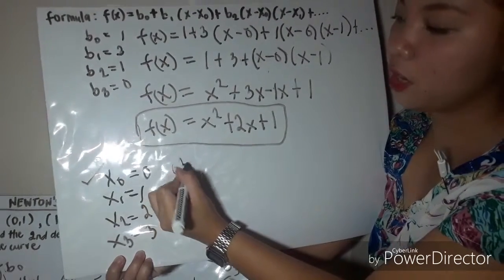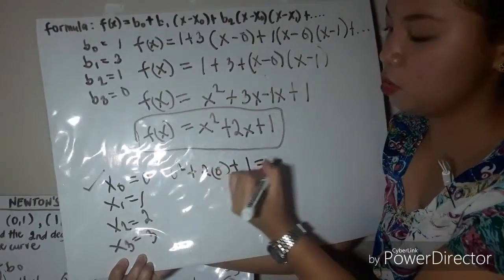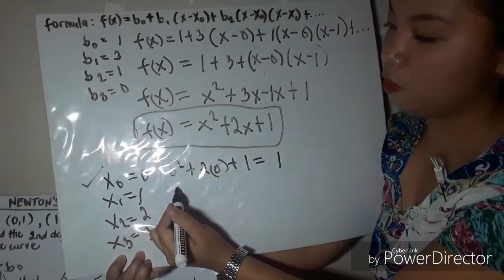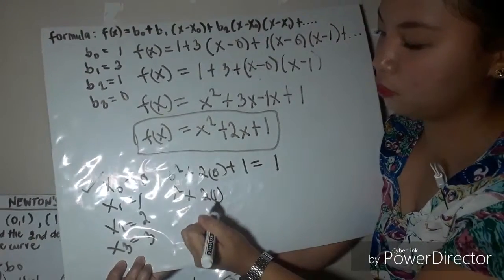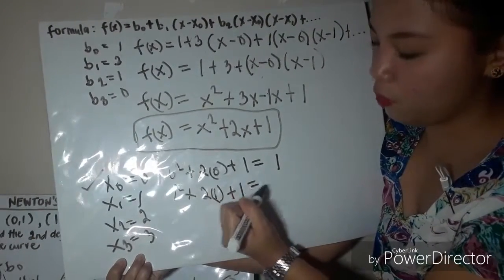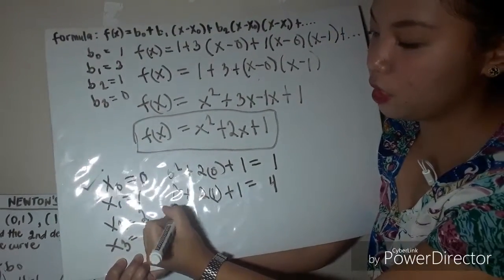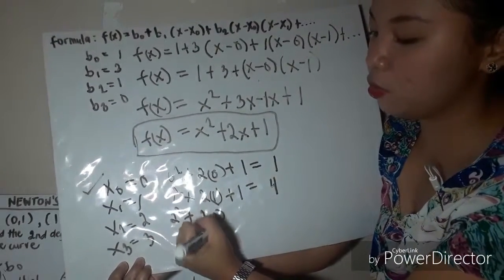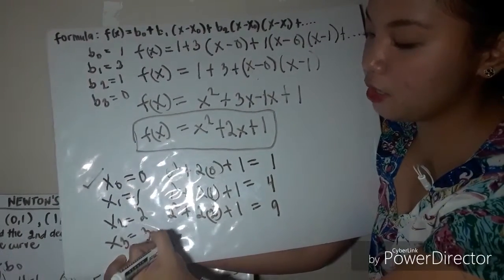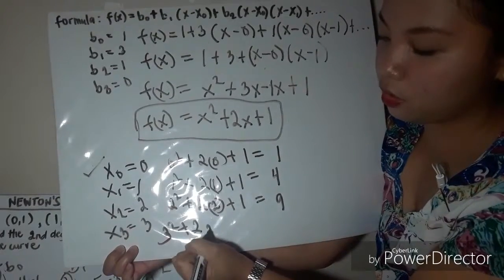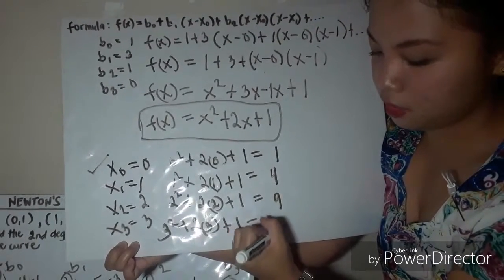So 0 squared plus 2 multiplied by 0 plus 1 is equal to 1. 1 squared plus 2 times 1 plus 1 is equal to 4. 2 squared plus 2 multiplied by 2 plus 1 is equal to 9. 3 squared plus 2 times 3 plus 1 is equal to 16.